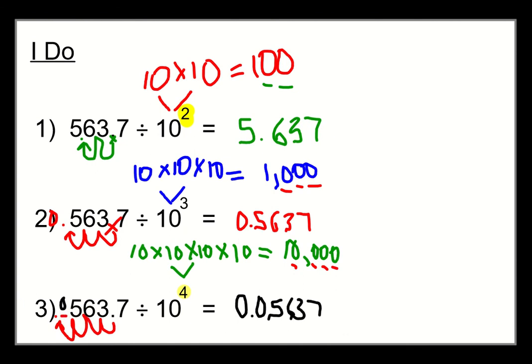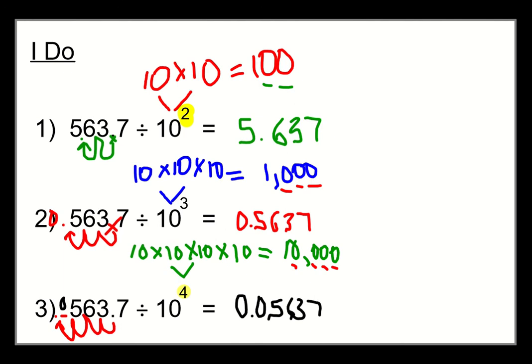So the pattern that we can note is that when the whole number is 10, the exponent that accompanies that whole number can tell us how many places to the left we should move our decimal point.